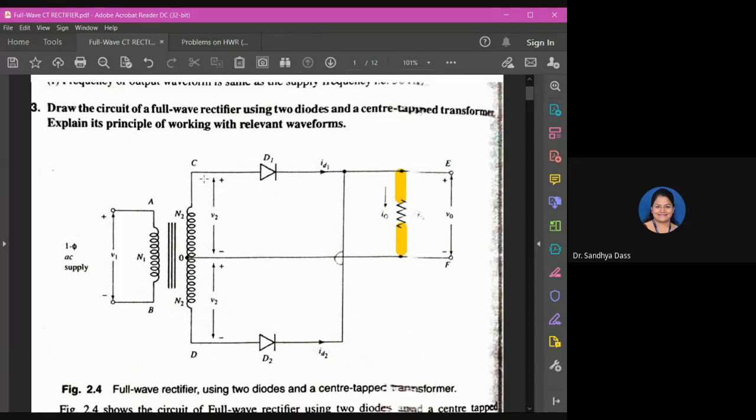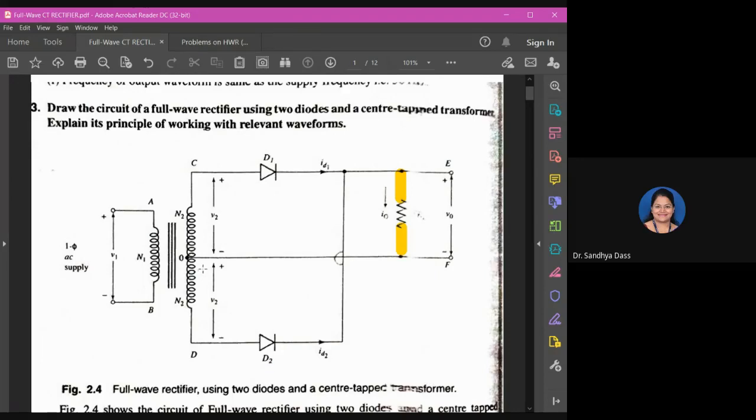When C is positive and D1 is conducting, the current flow in the circuit will be, observe here, from C through D1, E, F, O, and going back to C. I'll repeat: when D1 is conducting, the current flows from C via D1, point E, F, O, and back to C. This is a center tapped transformer.